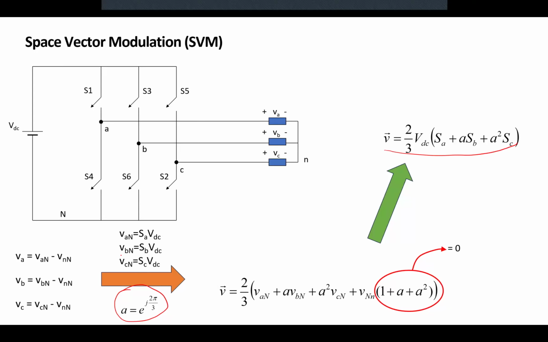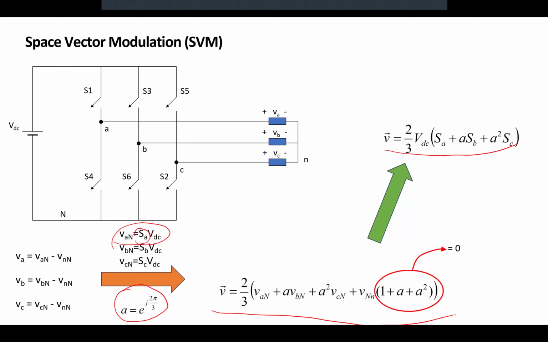And we already know, because we're dealing with inverters, that our voltages are the S function that we had times the DC voltage. We had that formula before. You remember that? Okay, now we implement all this definition to the output voltage of our three phase.